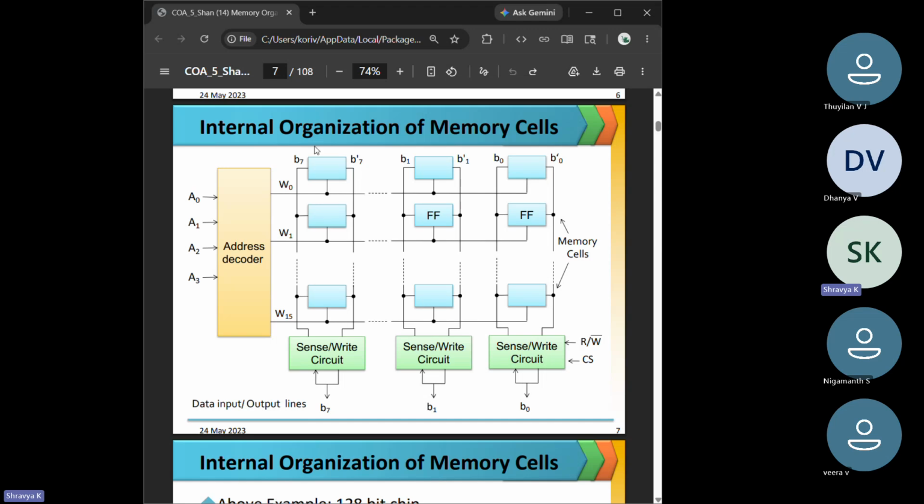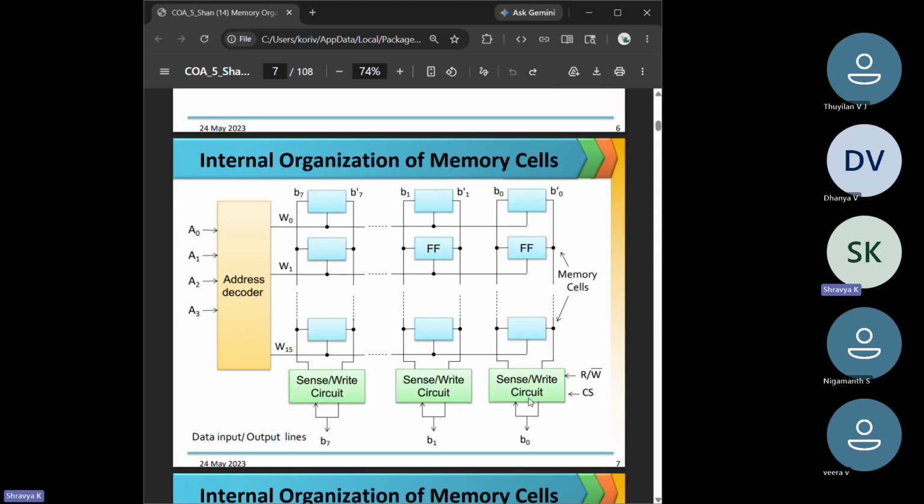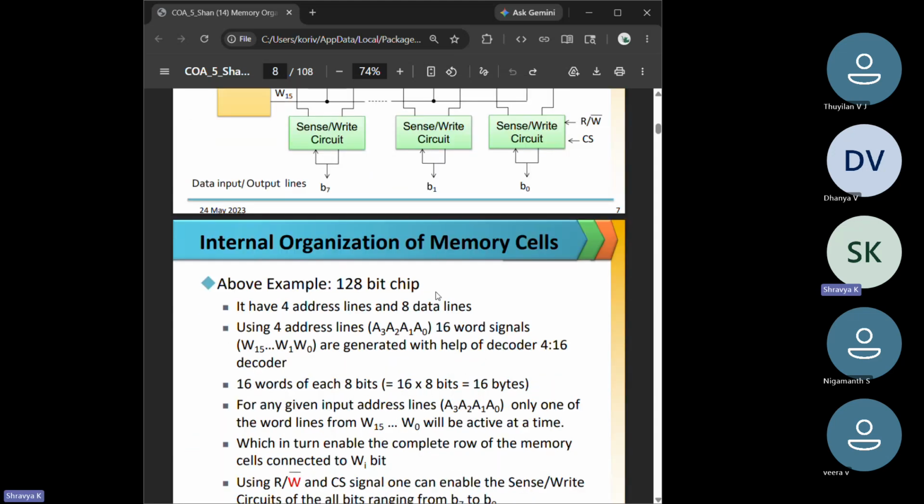For example, if B7 is 1, B dash 7 will be 0. So instead of checking the exact signal level, the circuit just checks which side the signal is coming from, and according to that it figures out whether this is 1 or 0. That's just a small optimization. So that is the internal organization of the memory cells.